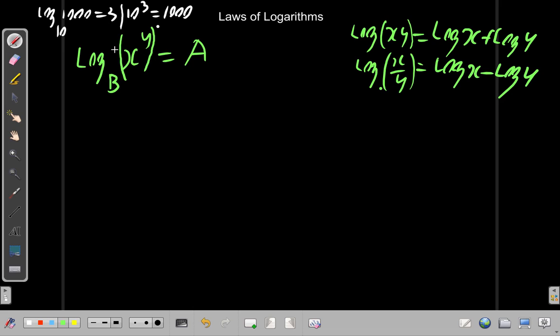Now we're going from log to index form. When you're finding the log of 1000 equal to 3, where the base is 10, the base in log form is 10. Now the base in log form, when you write in index form, is what you're raising to the power of.